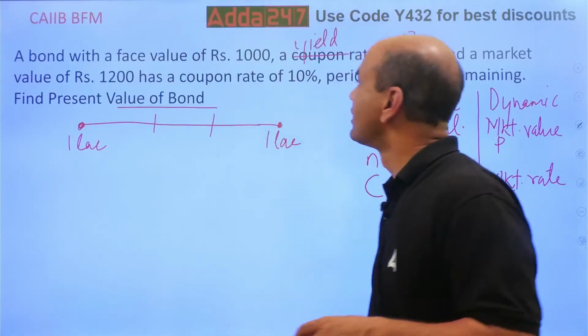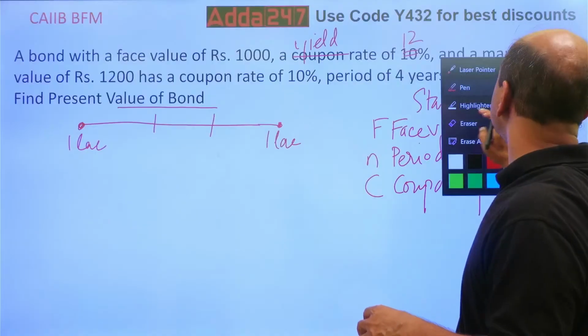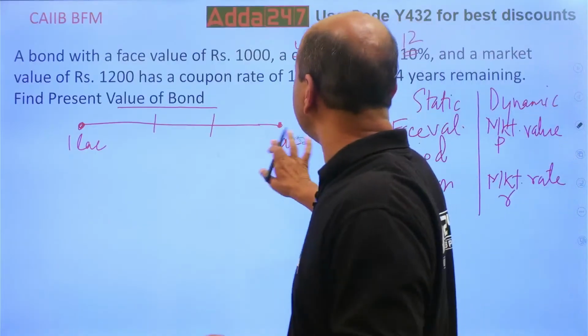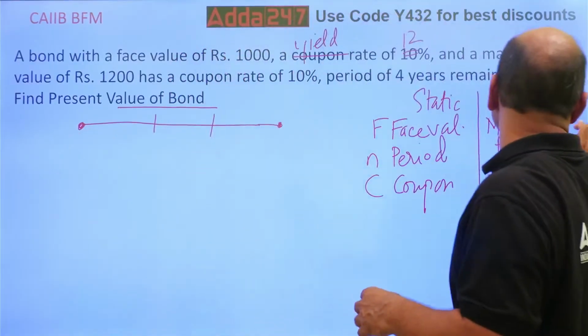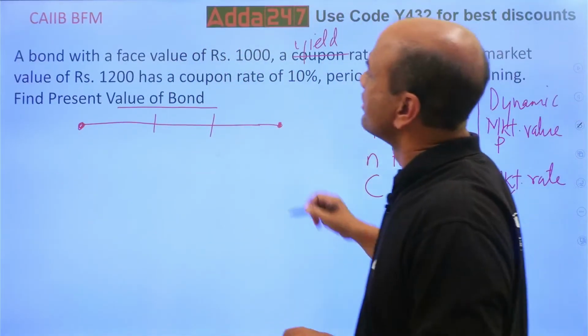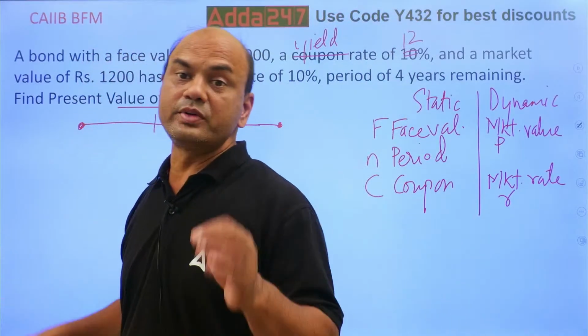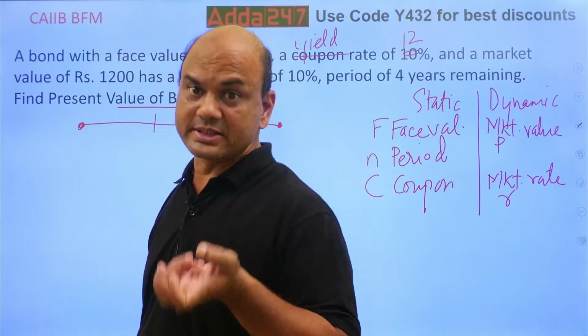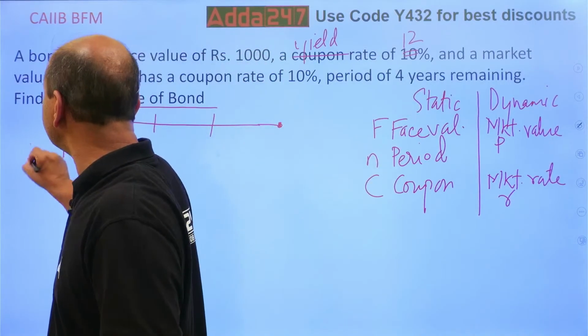So let's remove all these figures. I'll remove this 1000 and all these things. I'll make this directly whatever is given. So in this case, face value is 1000. What is face value? The amount for which I have purchased that bond. That is my face value.